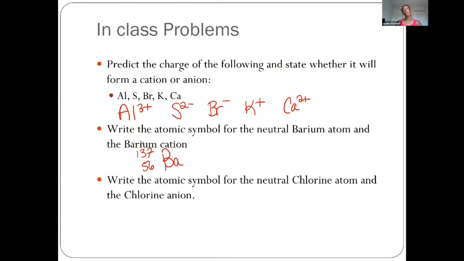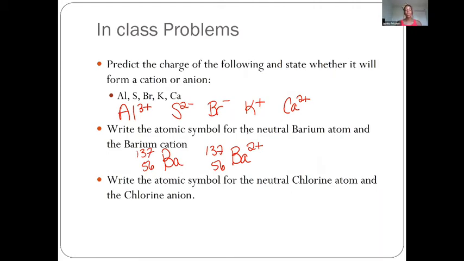I have 2 more protons than electrons that remain. So the symbol would still stay as barium. The atomic number would still stay as 56. The mass number would still stay 137. But what changes is that we add this 2 plus charge here to represent that it has lost that respective number of valence electrons.